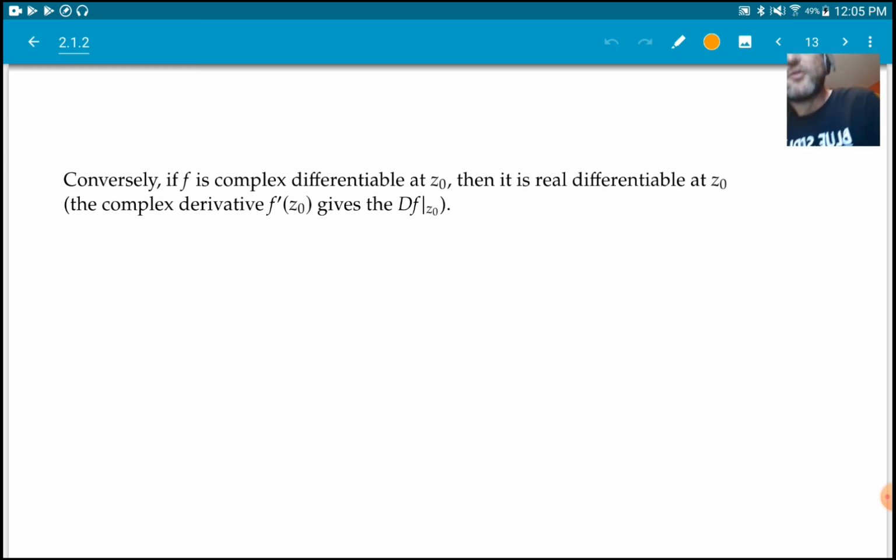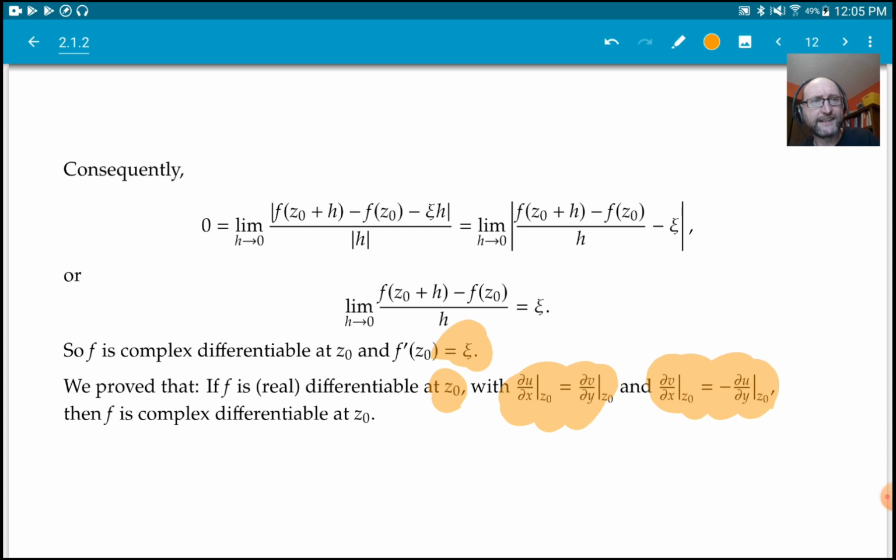Now, conversely, if f is complex differentiable at z0, so that means if f prime exists, let's look at this slide again.